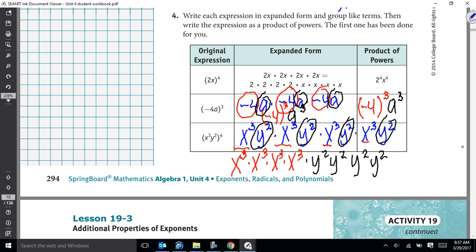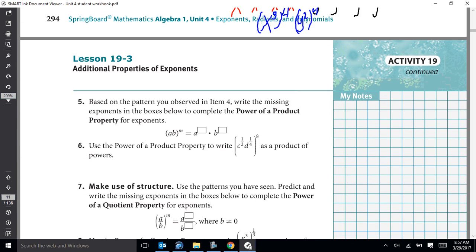I have how many x cubes? And how many y squares? Can I simplify that a little bit more? What can I do with the exponents? All right, so this is going to become x to the what? And then y to the what? All right, how are we feeling about that?